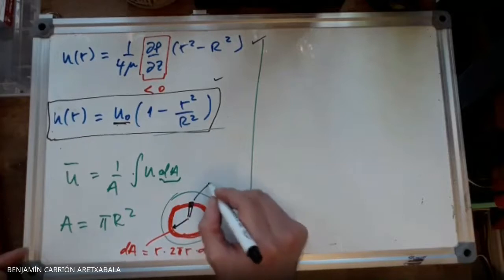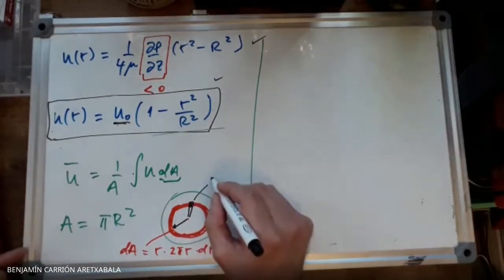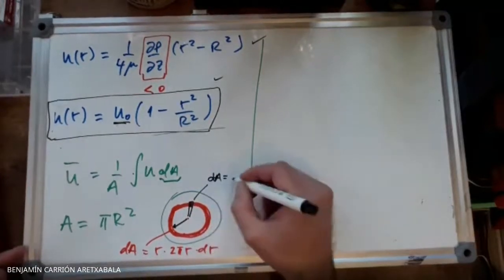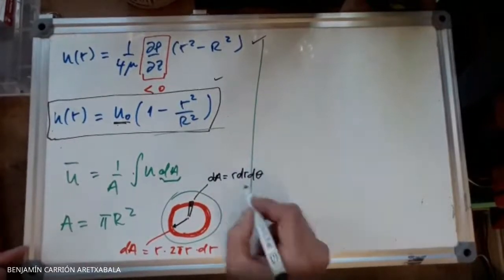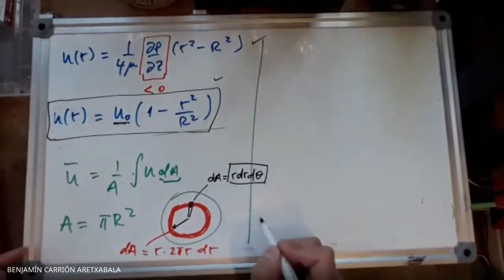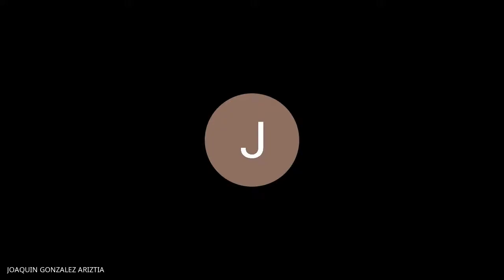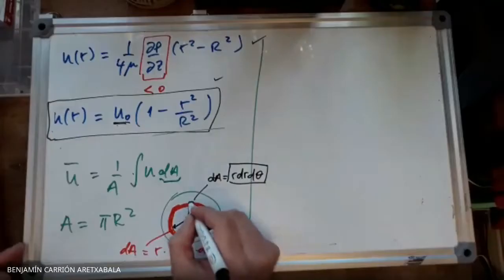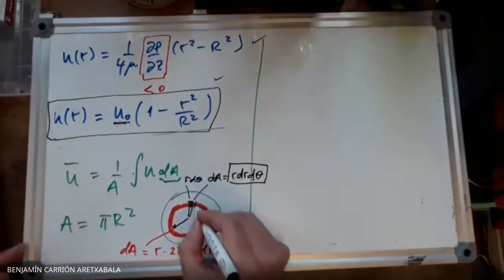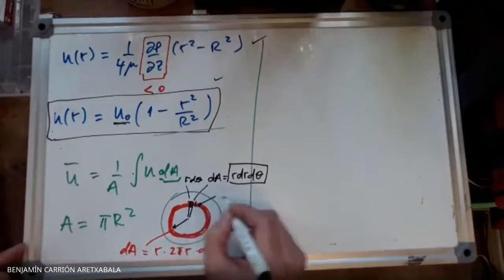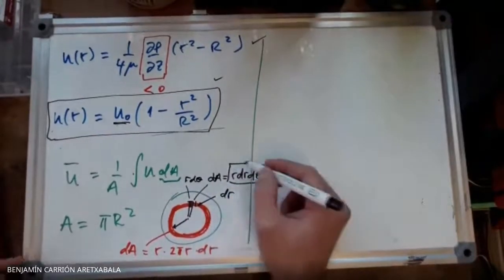We know the area element is r dr d theta. We know this, right? Yes. Because this side here is r d theta, and this side here is dr. So this is the delta area.